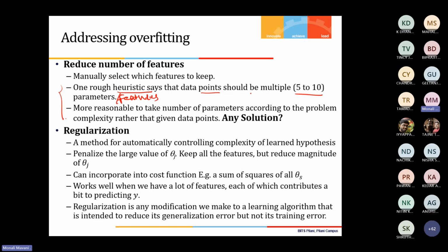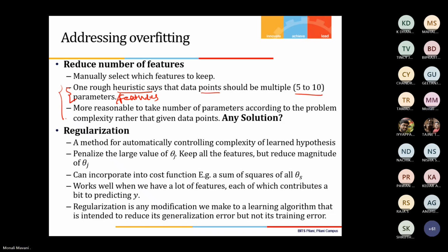So with 10 features, maybe you have 100 training examples. But this is not a good way of handling overfitting. We don't want that restriction on the number of features or training examples.